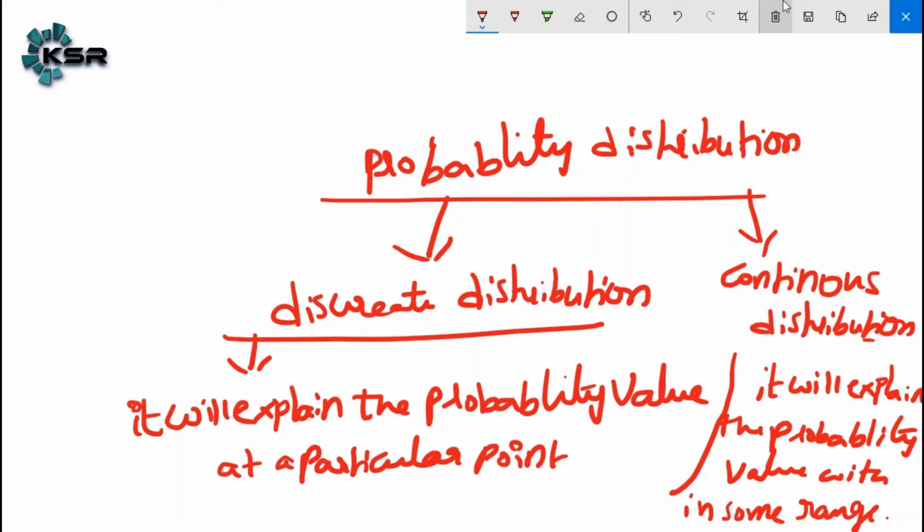Continuous distribution means it will explain the probability values within some range. Again, discrete distribution has been classified into three types, as well as continuous distribution has been classified into four different types.